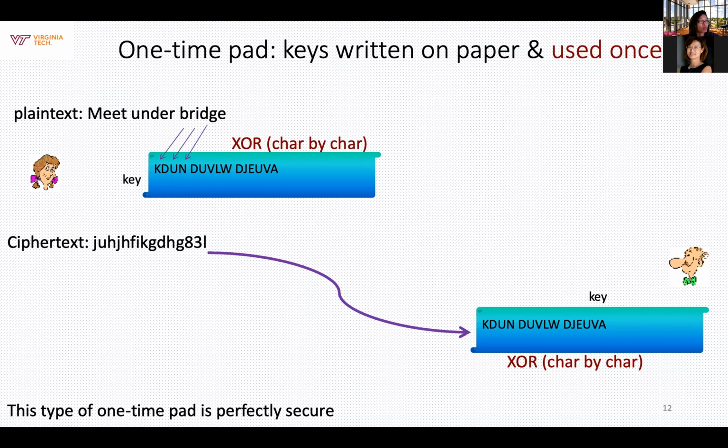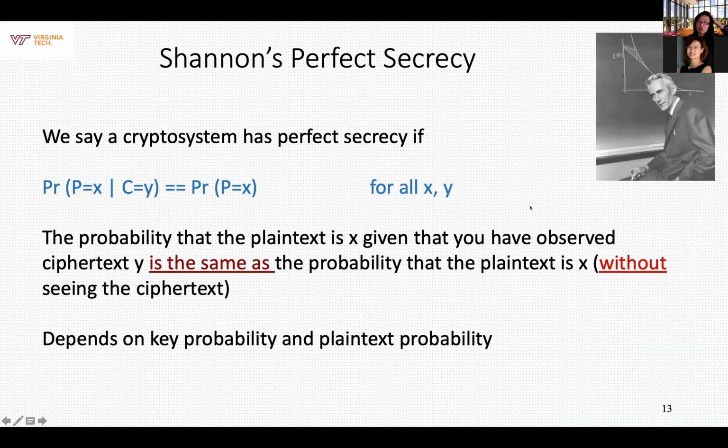And if you can get it from the universe, from anywhere, that would be nice. However, a lot of times it's very hard to get those random bits, right? But if you get them, then this cipher is considered achieving perfect secrecy. What is perfect secrecy? Shannon, a very famous researcher who founded the information theory field and made seminal contributions to communications, defined it thusly.